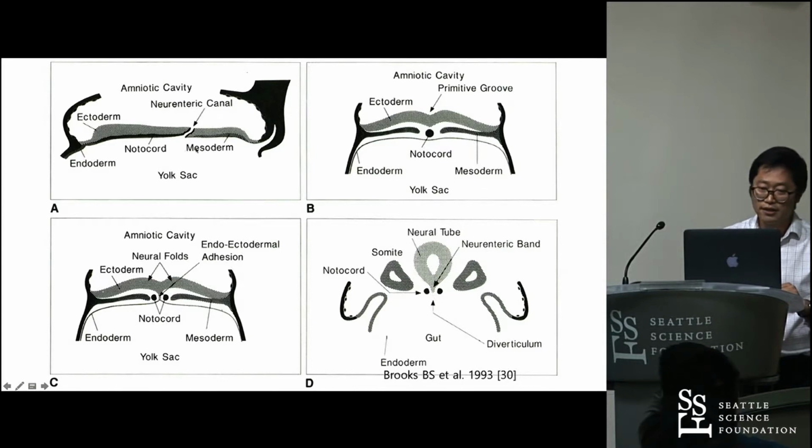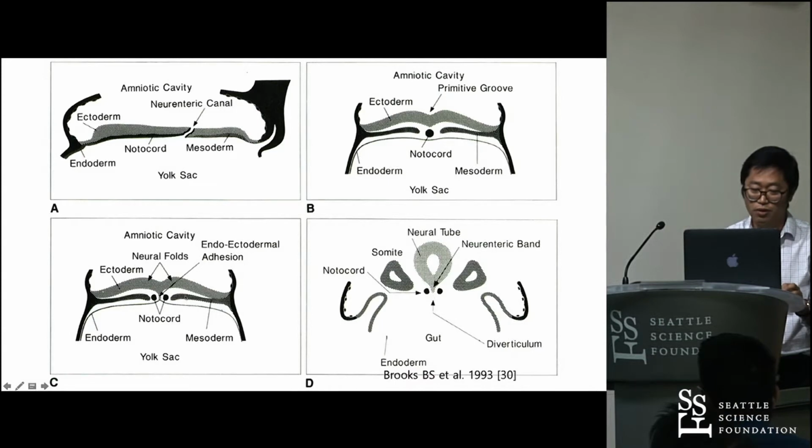At that level, during the formation of the notochord, my amniotic cavity and yolk sac cavity are temporarily connected through this canal, which we call the neurenteric canal. Normally that canal obliterates by the end of the formation of the notochord, but sometimes it persists, and the persistence of the canal can lead to separation of the notochord, and the residual mass can form future neurenteric cysts.